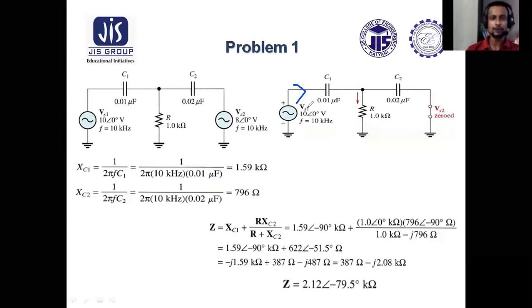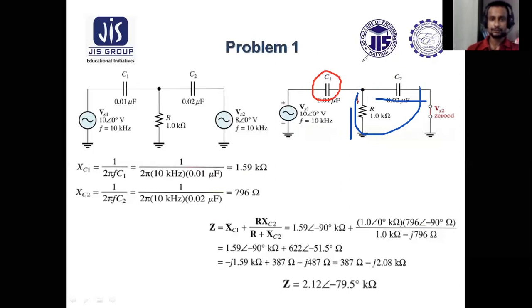The total current will be the total voltage VS1 divided by the total impedance of the circuit. So what is the total impedance of the circuit? See, these two paths are in parallel. With this parallel combination, this C1 capacitor will be in series.